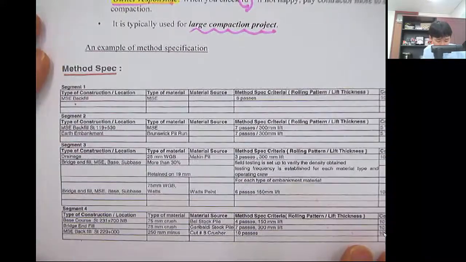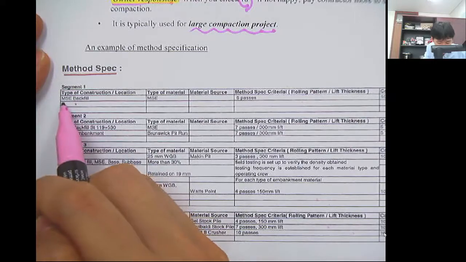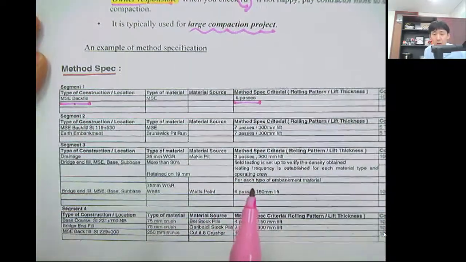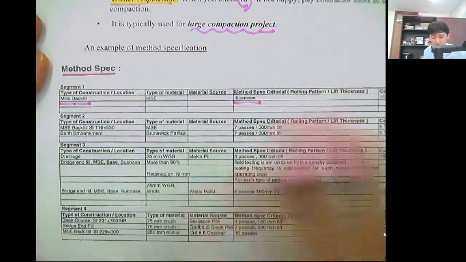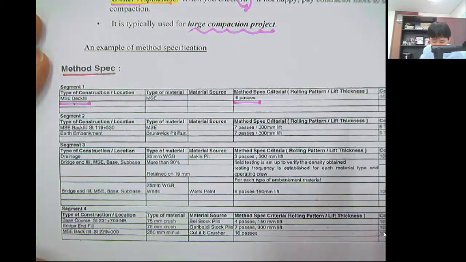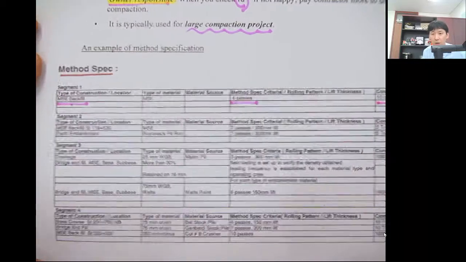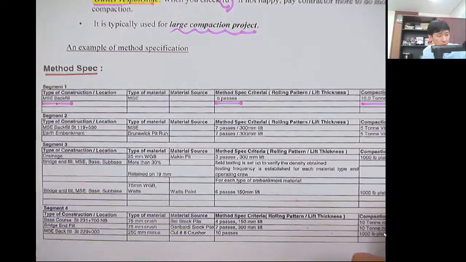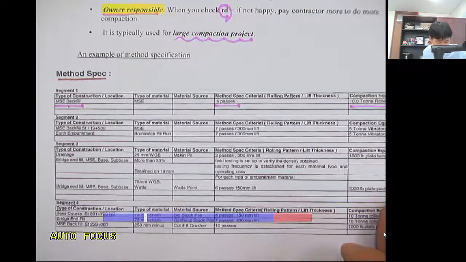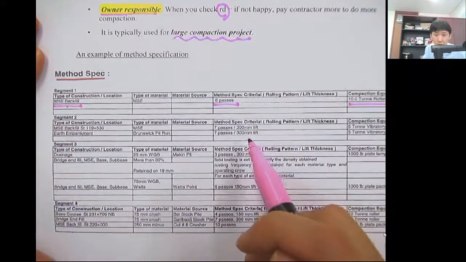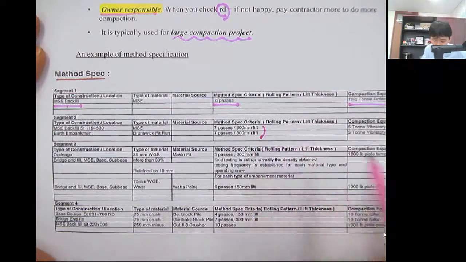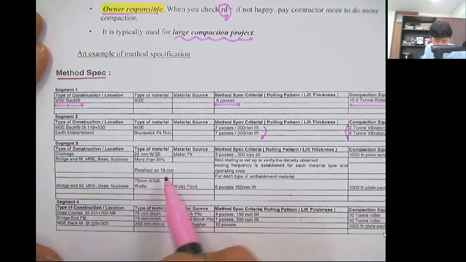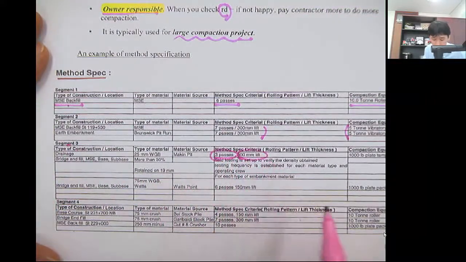So the type of construction is the MSE backfill, and you have to tow the roller 6 passes, and the equipment has to be like 10 ton. And for section 2, so 7 passes, and the lift is 30 centimeter, and the 5-ton vibrating roller, and section 3, so it's 3 passes and 30 centimeter lift.